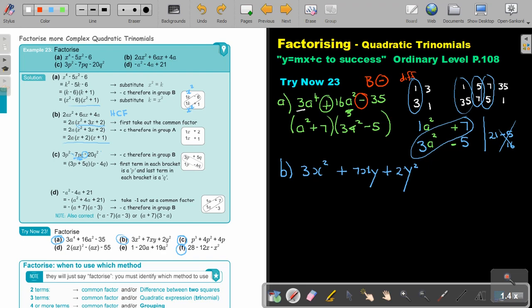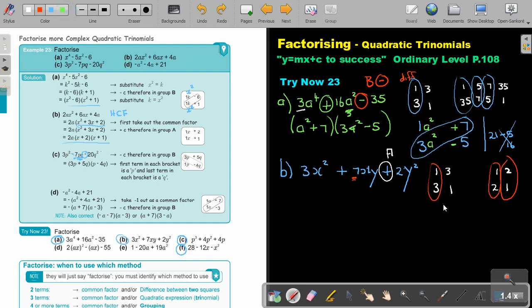So in this case, it's in group A. So this is going to be 1 and 3, 3 and 1, 1 and 2, 2 and 1. And I'm going to take 1 on this side, 1 on this side. And this is going to be 3 plus 2, that's 5. I think this one is going to work. This is 6 plus 1, it's that 7.